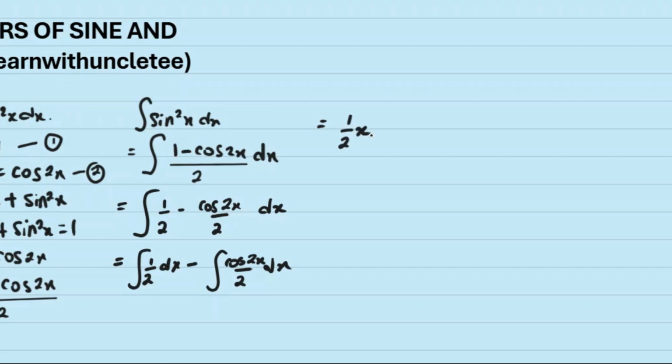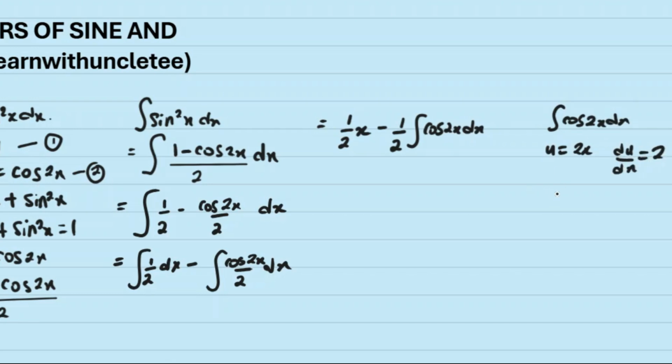Then minus, we can factorize 1 over 2 from this cos 2x, which will be 1 divided by 2 integral cos 2x dx. So don't forget, if you are to integrate cos 2x, I don't want to skip any step here. If you're going to integrate integral cos 2x dx, you can use just basic substitution. If our u is equal to 2x, then it means that du/dx is going to give us 2.